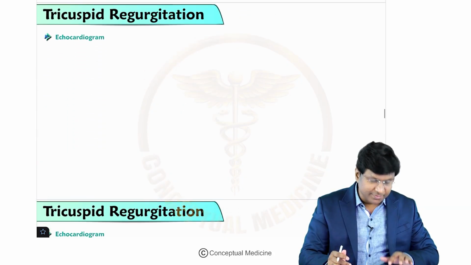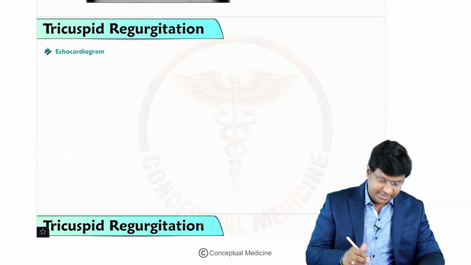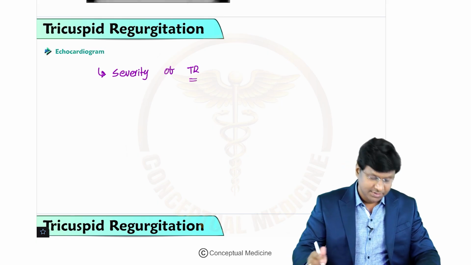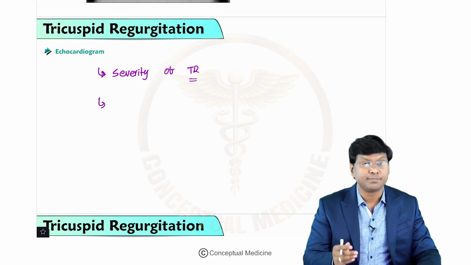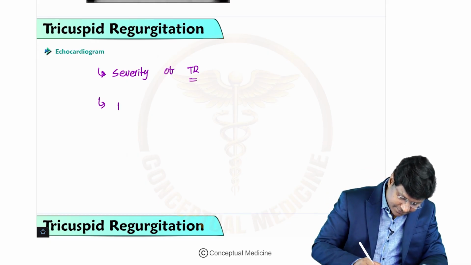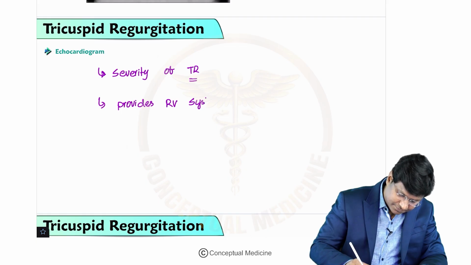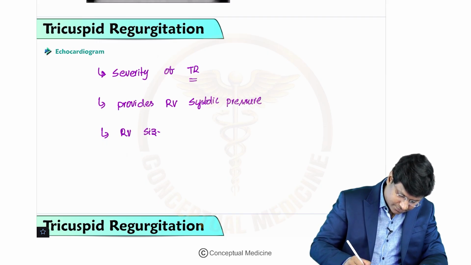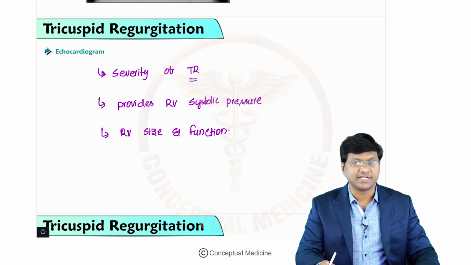And then echocardiography, the first line investigation. It helps in assessing the severity of tricuspid regurgitation. In addition, echocardiography with Doppler provides the right ventricular systolic pressure, as well as the right ventricular size and function.